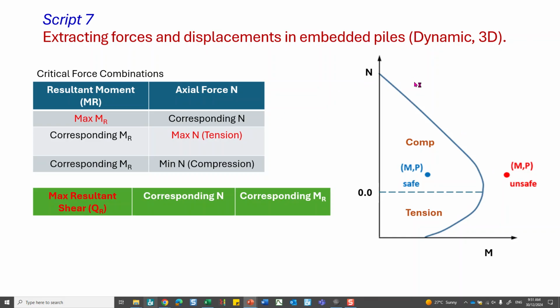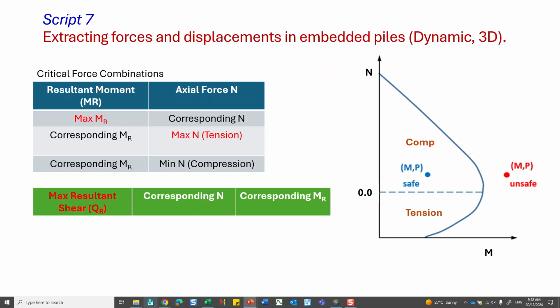So basically, if I have this failure envelope, all I need to do is to identify the cases with the most critical combination. For example, as I'm saying here, this would be the cases to consider. So I would determine the resultant moment, MR. Why I'm saying resultant here? Because if you recall, in PLAXIS, we have two orthogonal axes that give me bending moment M2 and M3.